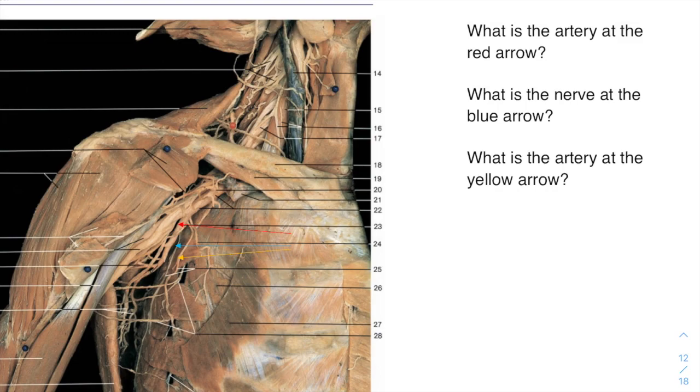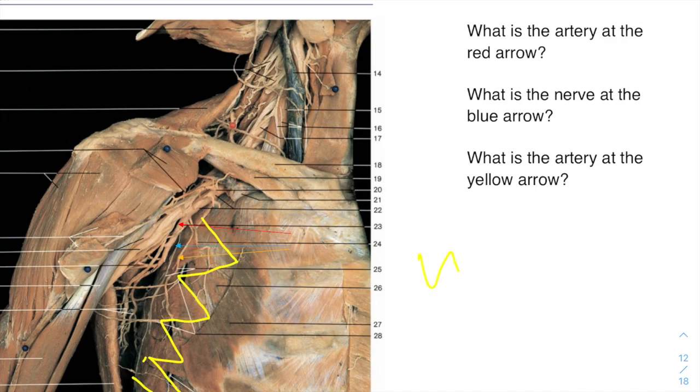I know we haven't really learned it, but sadly it can be a little bit fair game because of the serratus anterior muscle that we have to know. You can see it's this jagged muscle that's coming out.